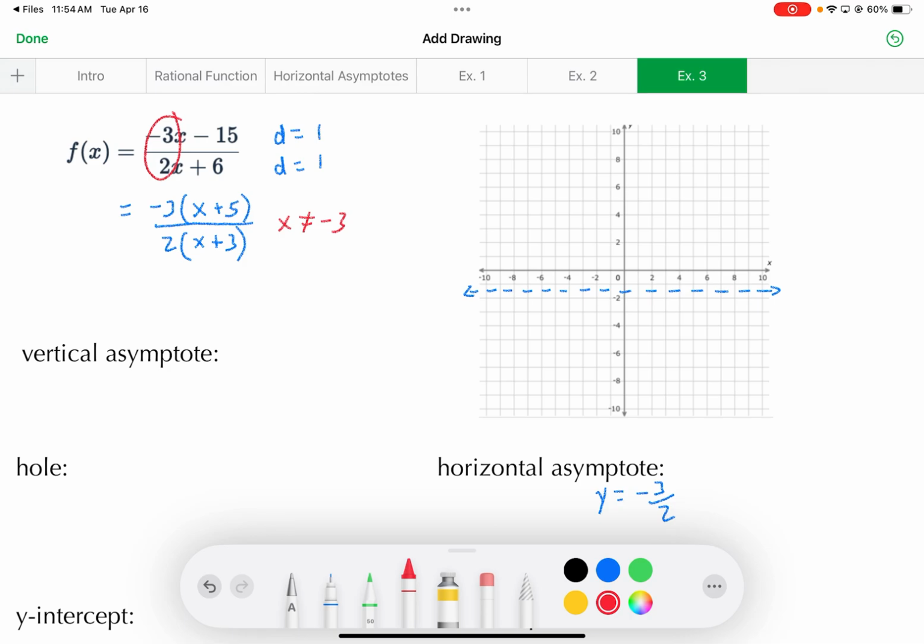So that means the simplified version still is undefined at that -3. That means we have an asymptote there, a vertical one. Draw that in. That also means we have no hole. There was never a time where we were initially undefined and then after we simplified, we became defined at that value. So no hole this time.